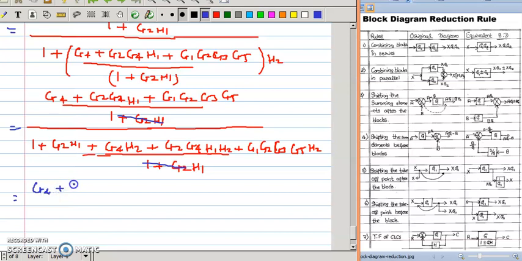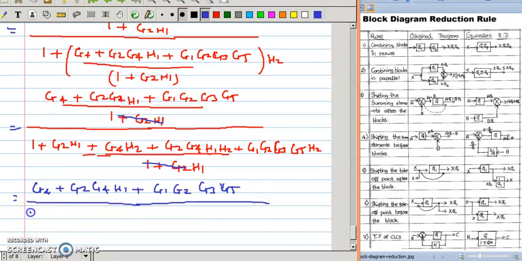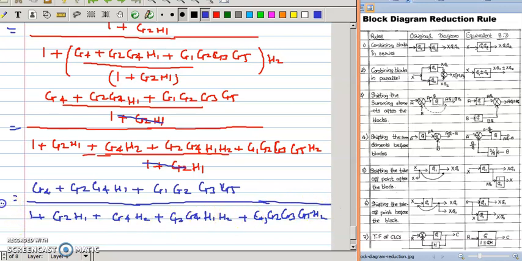G4 plus G2 G4 H1 plus G1 G2 G3 G5, whole divided by 1 plus G2 H1 plus G4 H2 plus G2 G4 H1 H2 plus G1 G2 G3 G5 H2, and this is your final answer.